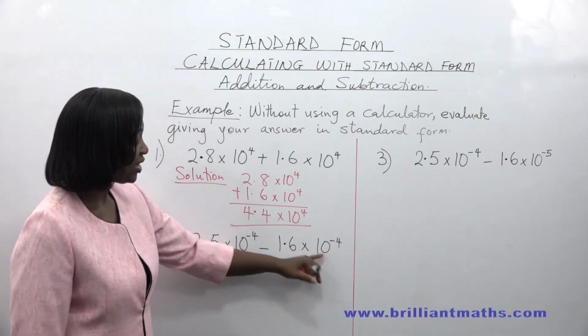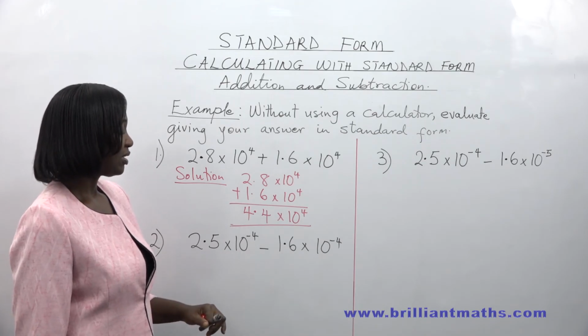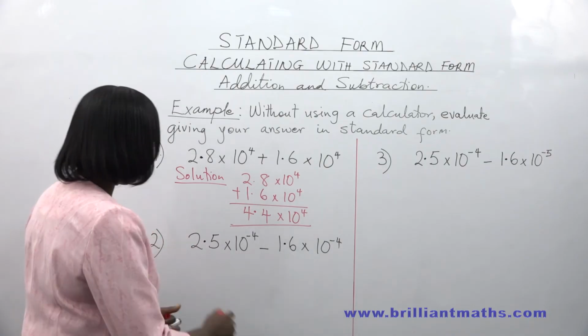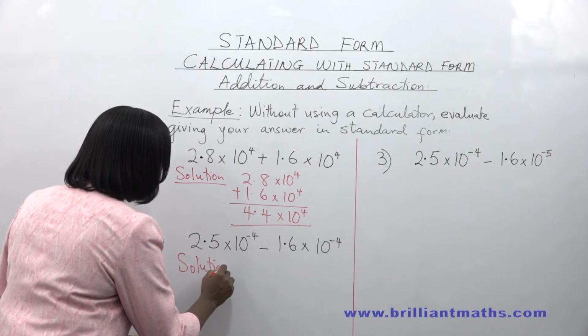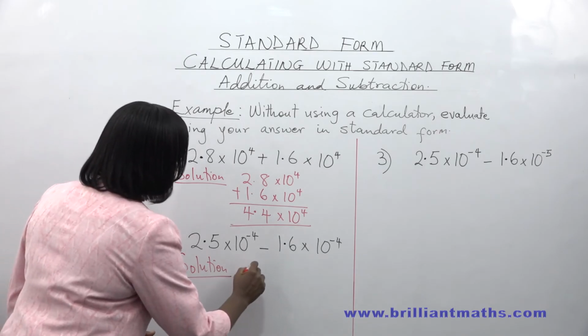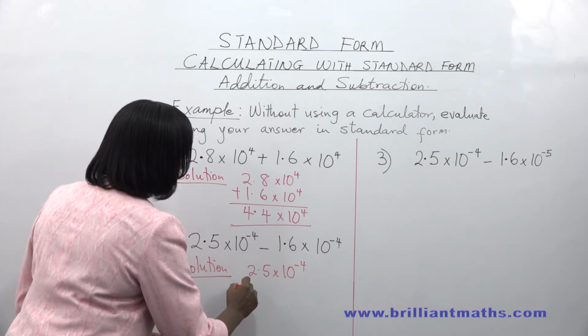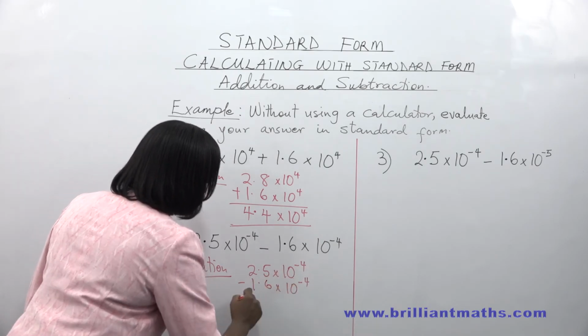Same with the second example, it's just that it's subtraction. Both have the same powers of 10. This time it is minus 4. So you can simply subtract because the powers are equal. So in the same way, we have 2.5 times 10 to the power minus 4 minus 1.6 times 10 to the power minus 4.